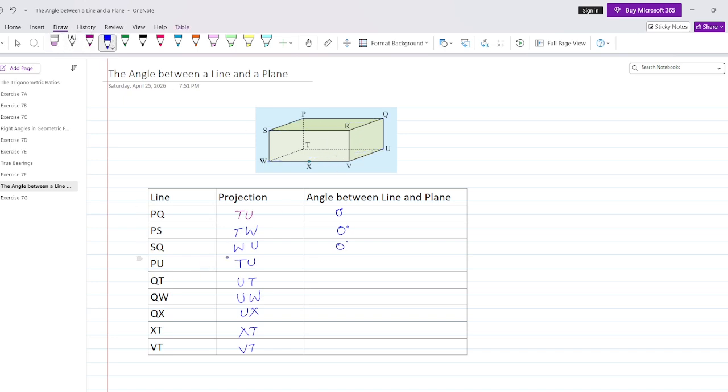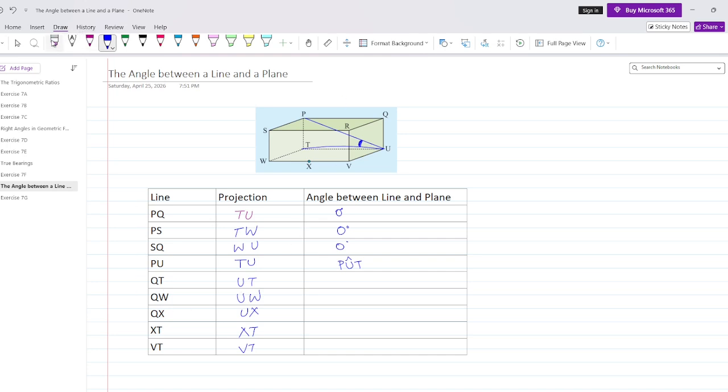For the line PU, its projection is TU. So the angle is going to be this angle between the line PU and a plane. Therefore, this angle can be written as angle PUT.